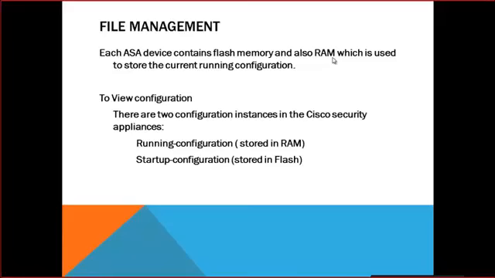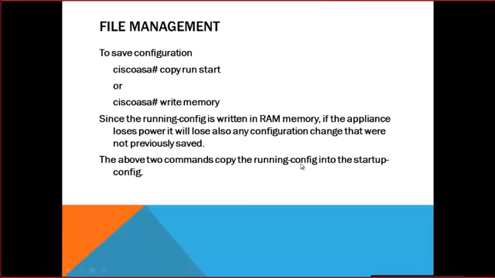If you want those configurations for future use, you need to copy from running configuration to the startup configuration, which means copying from RAM to the permanent memory, flash. The command is copy run start, or you can also say write memory. Both do the same job, but the difference is this: when you type copy run start, it will ask you for confirmation. When you say write memory, there is no confirmation, it immediately writes.